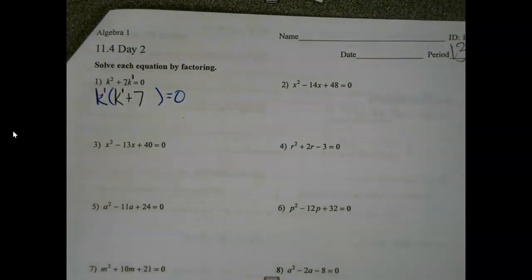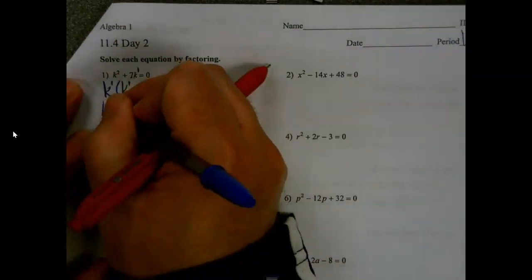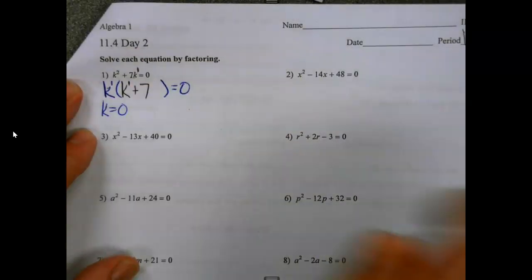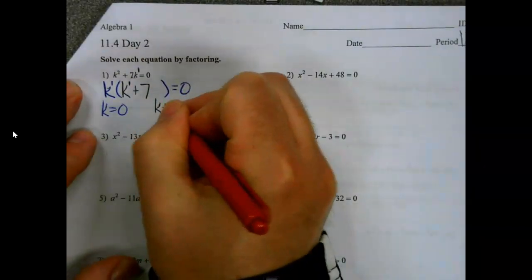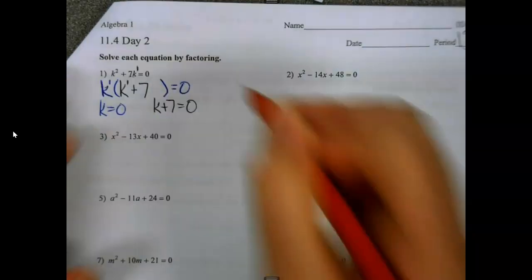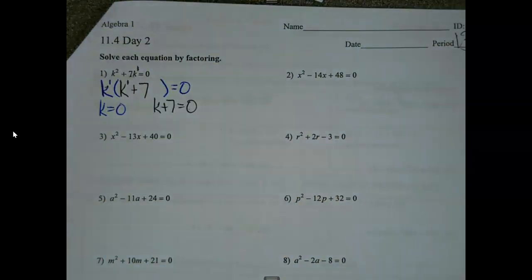Once we're factored, and this is going to happen on a couple more on this side, once we're fully factored, we take each piece and set it equal to 0. And then solve the equations if they're even solvable.